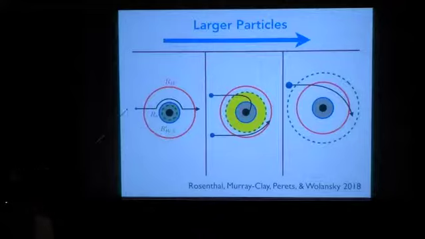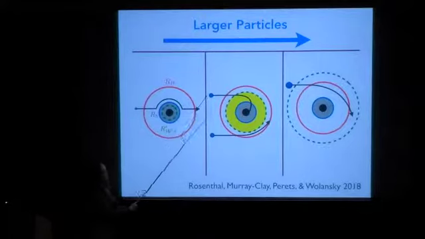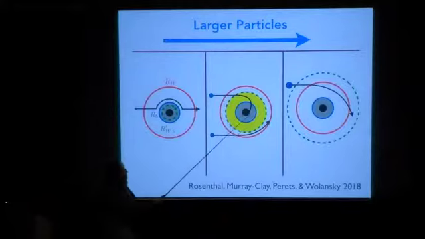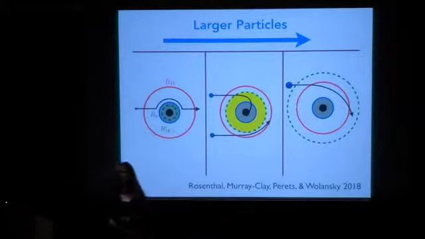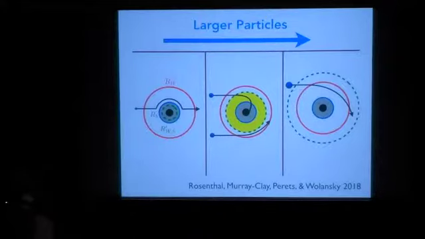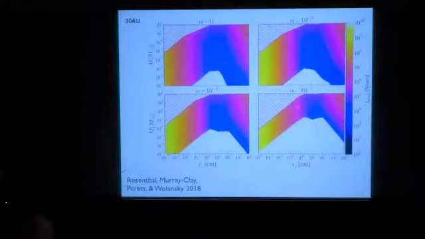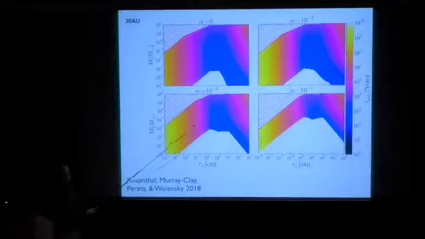So if you have a very small particle that's well coupled to the gas, it will just be pulled around the core. If it's a little bit bigger, a little less well coupled, it can be binary captured. And then if it's a little bit bigger again, then the gas doesn't matter and it will be pulled off. So what ends up happening is that there's actually only a small range of particle sizes, usually a couple of orders of magnitude in range, that can be captured for each core size.